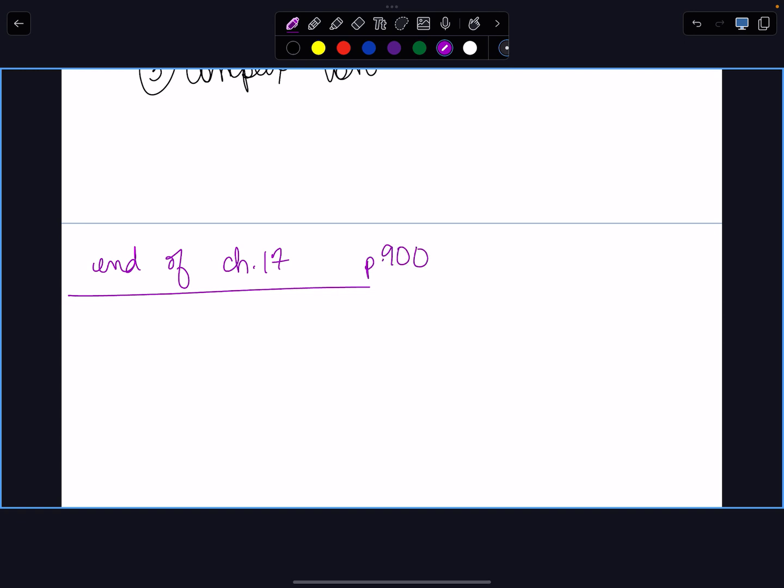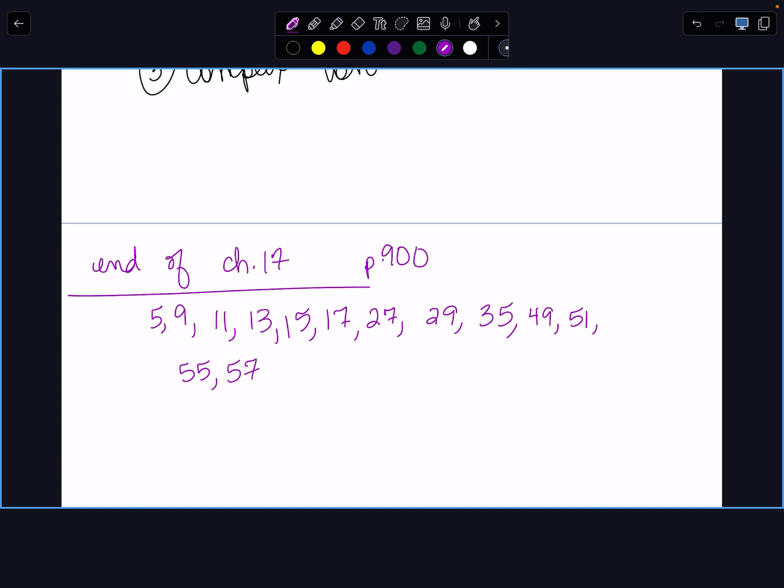They are numbers 5, 9, 11, 13, 15, 17, 27, 29, 35, 49, 51, 55, 57, 65, 67, and that is all.